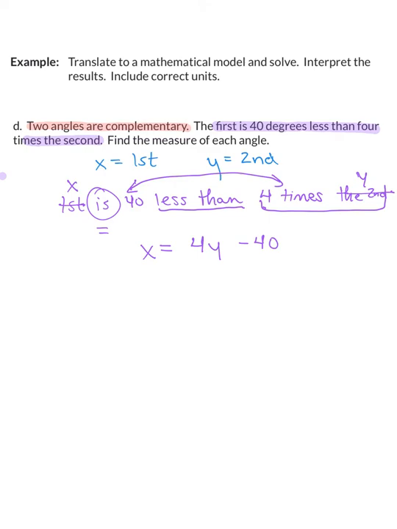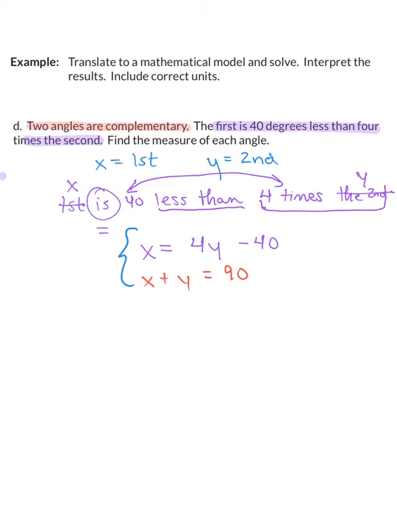Our second equation is the fact that these angles are complementary. So remember that complementary means that they add to 90. So now we have our system of equations. So I'm going to go ahead and solve using substitution.